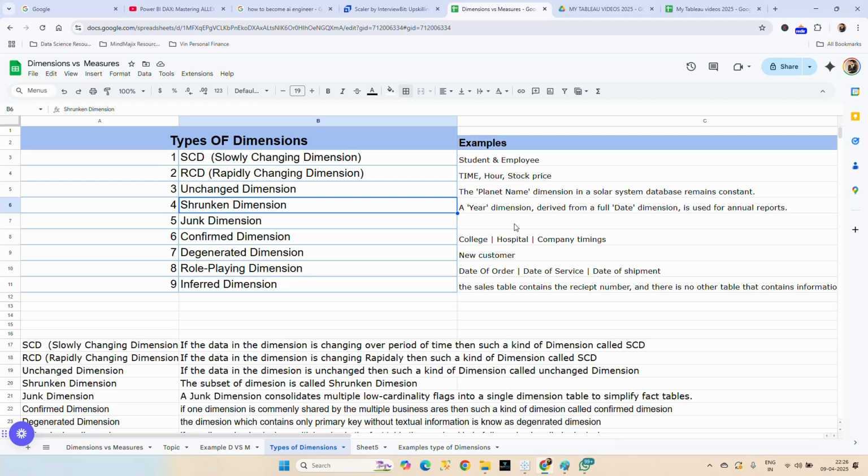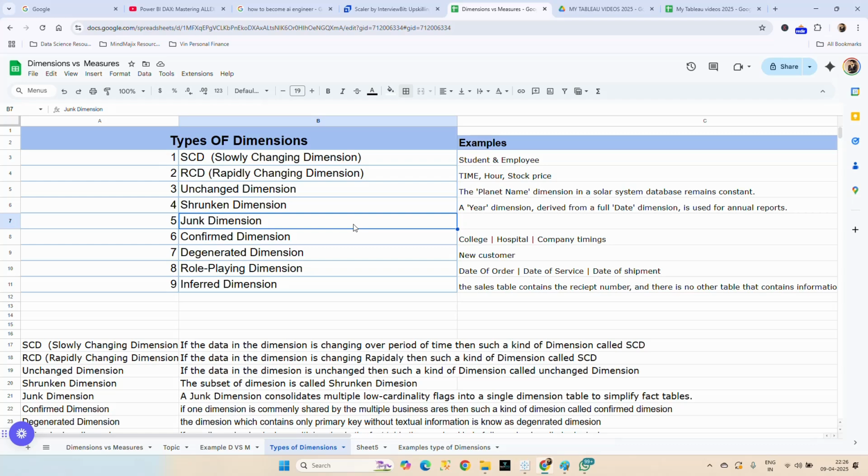So a subset of a dimension is called a shrunken dimension. A dimension under another dimension is called a shrunken dimension. I hope you understand, right?